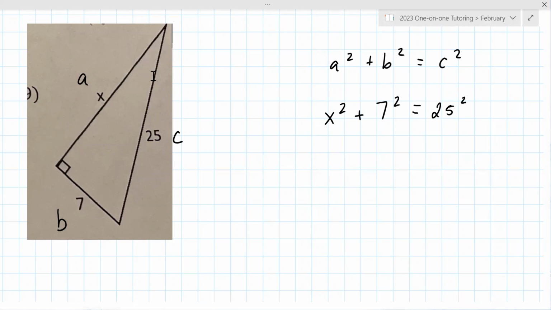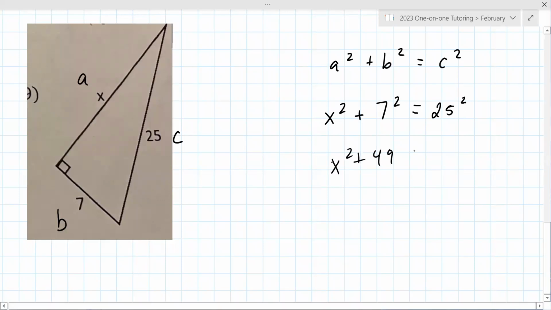All right. x squared plus 49 equals 25 times 25, 500. Try again. 625. Yes.